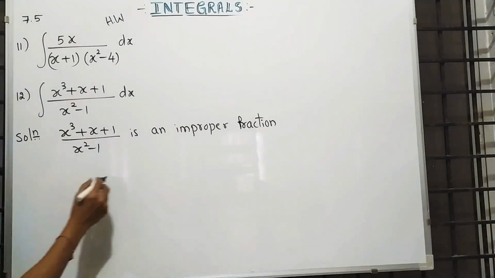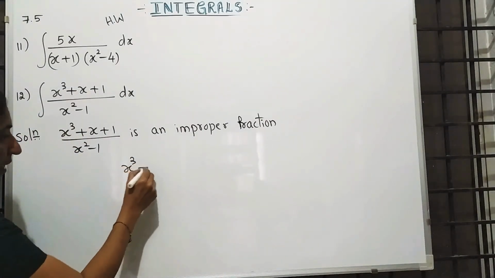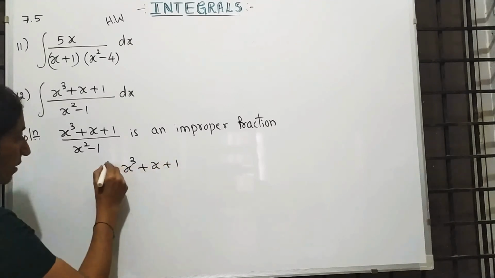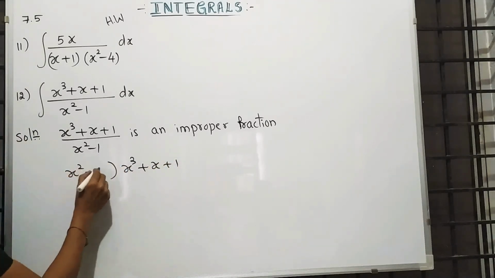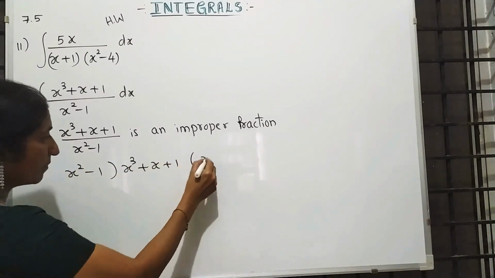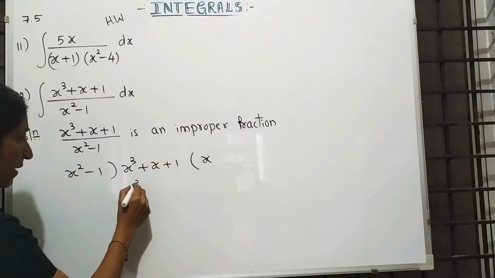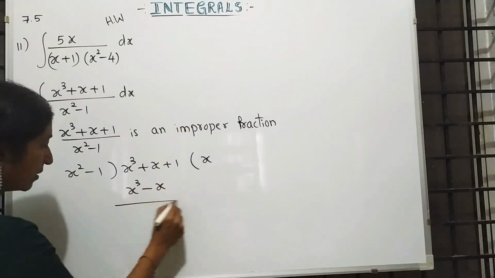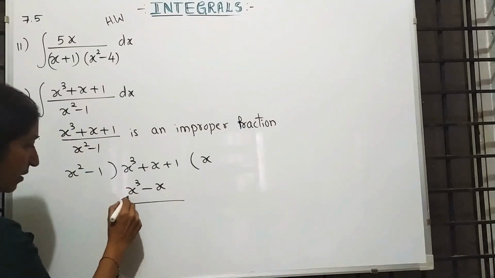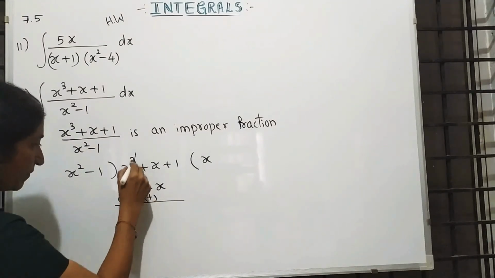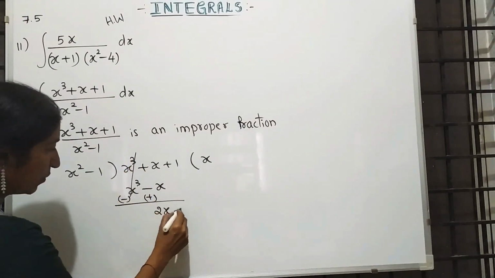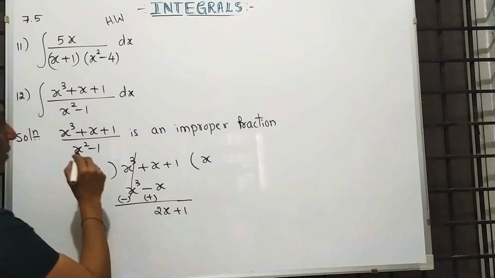Next, by division we have to convert x cube plus x plus 1. Here x square minus 1 is multiplied with x. X cube minus x, each term is multiplied with x. The sign will change, giving 2x plus 1.